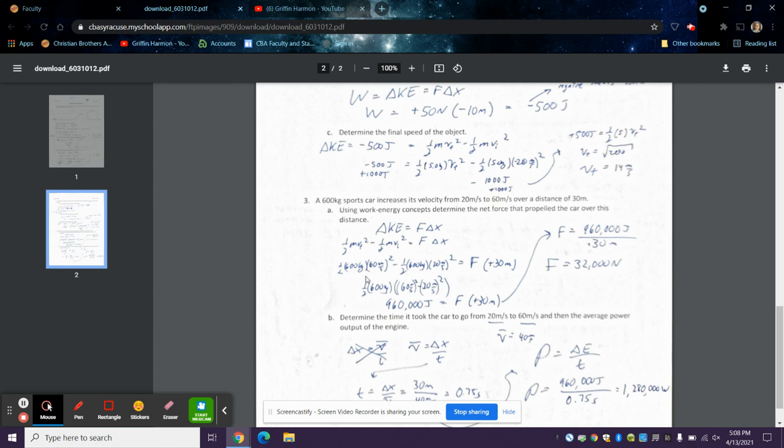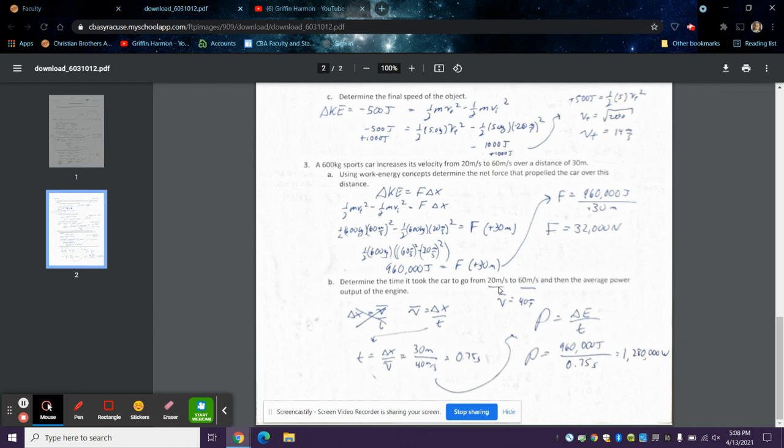So the final kinetic energy minus the initial kinetic energy has to equal force times 30 meters. I did a little algebra here to make the calculation simpler. I brought the 1 half 600 out in front. You don't have to. You can just find this and subtract it. You should get 960,000 joules. That's the change in kinetic energy. It's positive because it's increasing. That equals force times distance. So that divided by 30 equals 32,000 newtons.